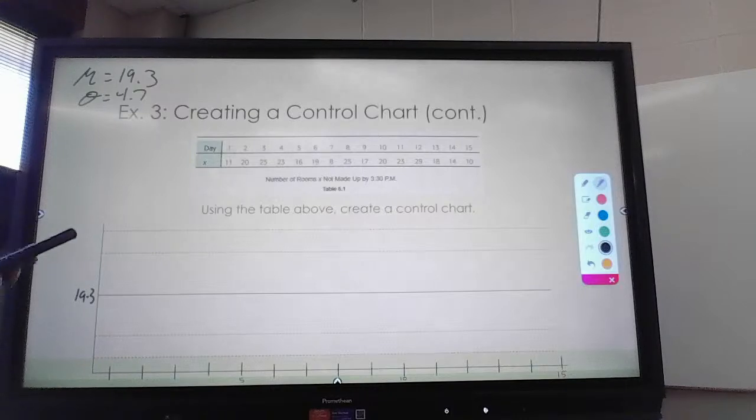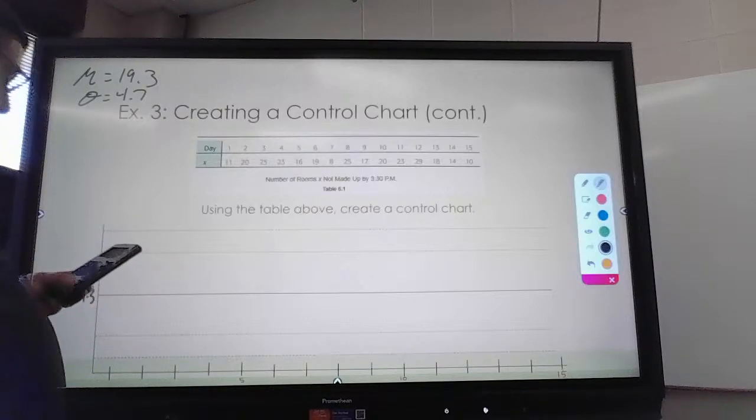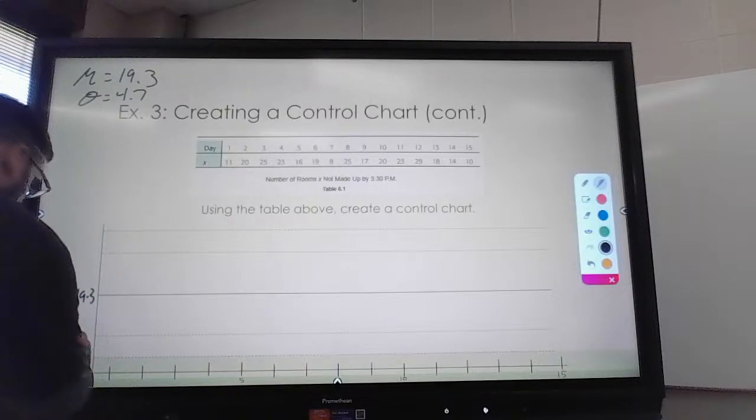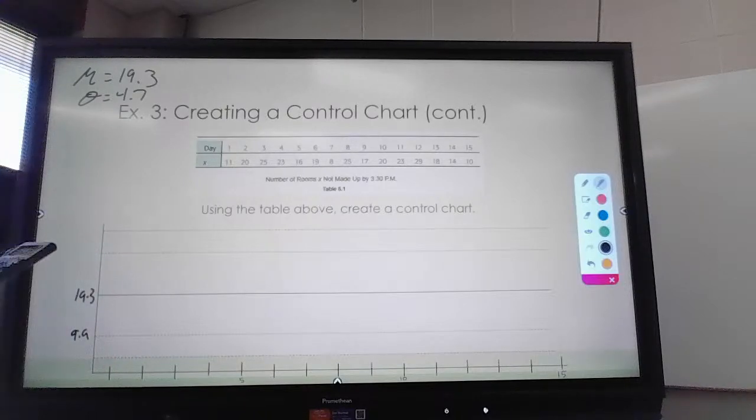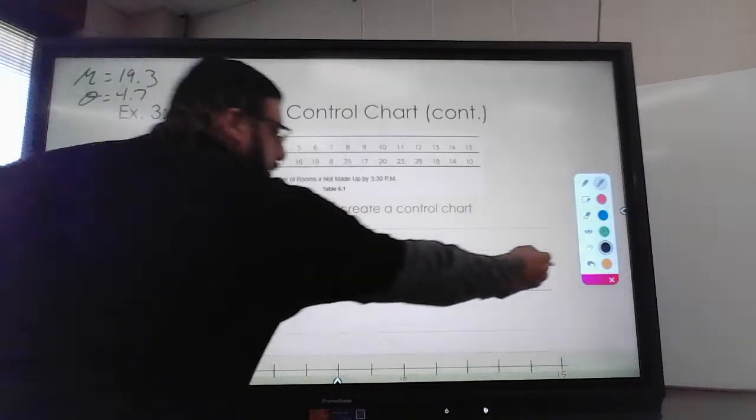Okay, 19.3 minus 4.7, so 14.6 is the first standard deviation mark, 9.9 is the second, 5.2 is the third. Actually, I can write that a little bit better.